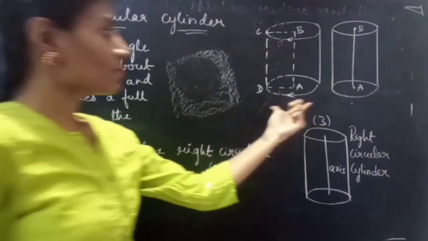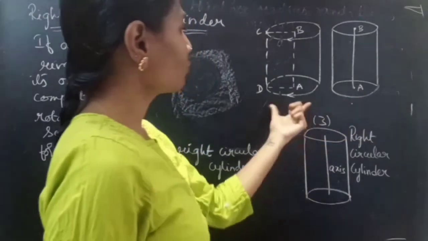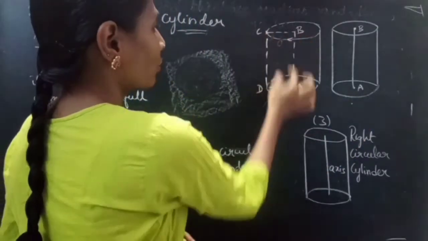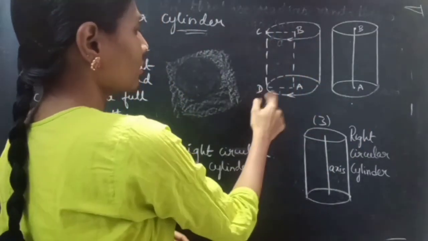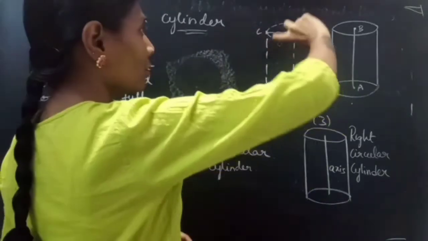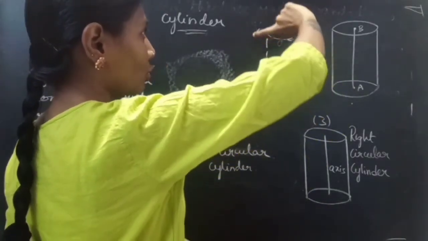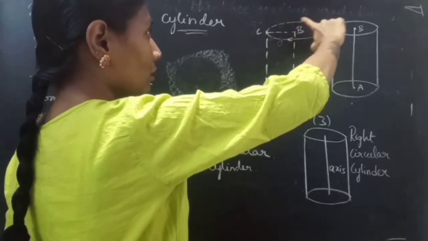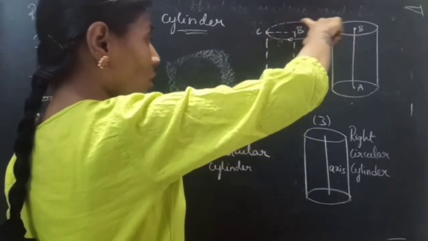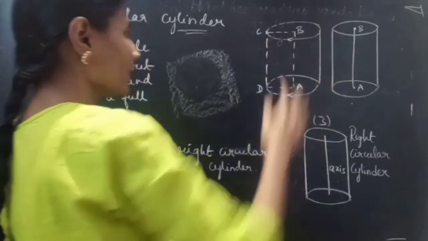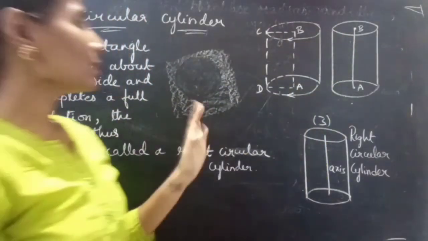Now notice these two figures. Here ABCD is a rectangle. Now if we rotate this to one side towards the right, then the object so formed is called a right circular cylinder.